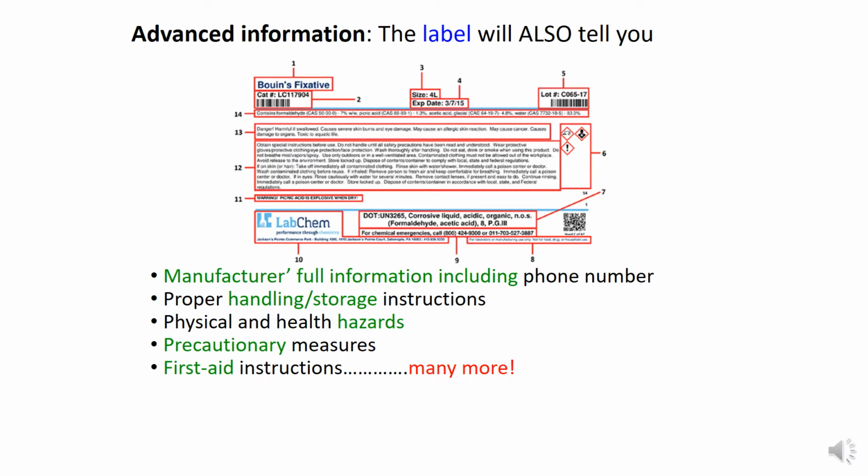If we go into a little more detail, there is advanced information on the label. You can see here, I think 14 different types of information on each label. So 1 to 14. Of course, all of this information is very important, but we cannot read it all while we are going to use any chemical or container.